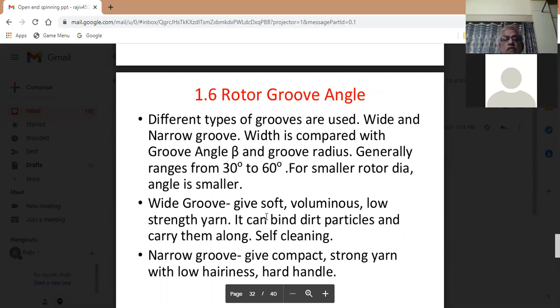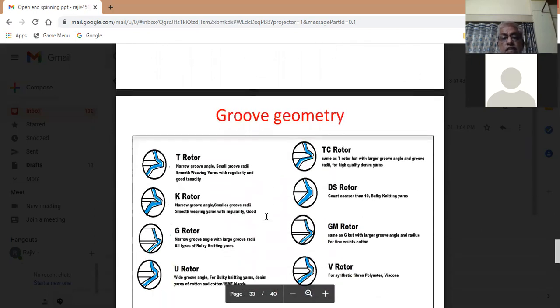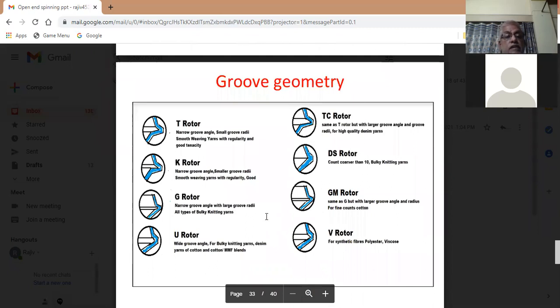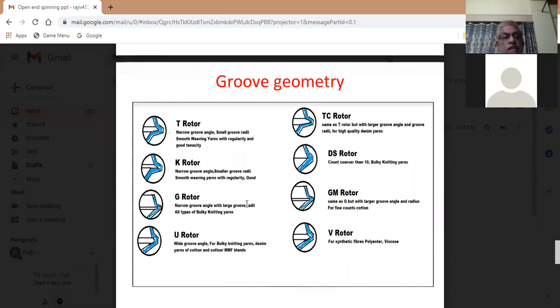So it is not only the rotor groove angle, but groove geometry is also important. Today we will study this groove geometry. We are starting with the T rotor.